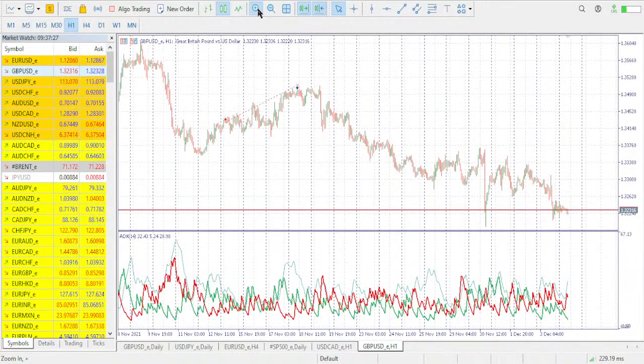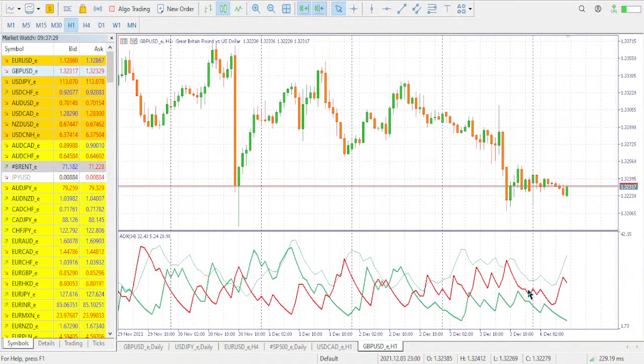We have it there. So I'm going to add a level, which is 25. Sorry, add level 25.